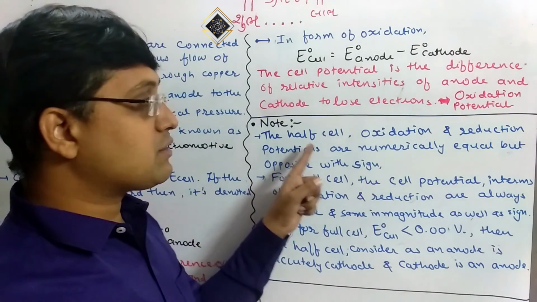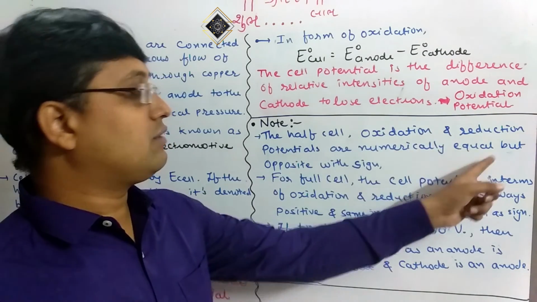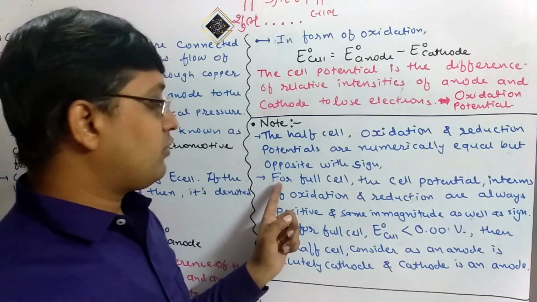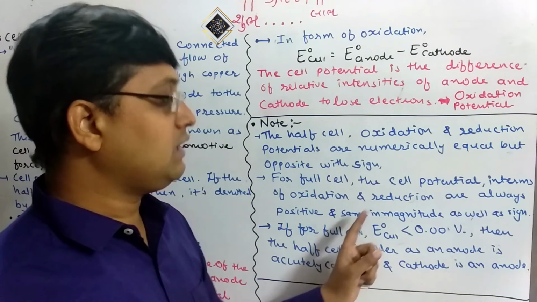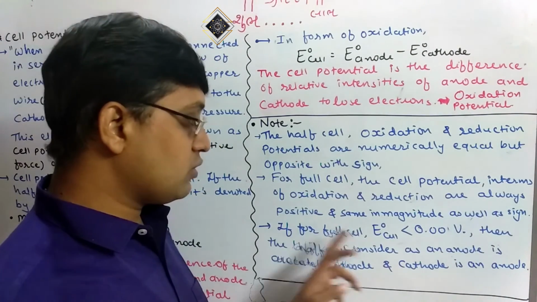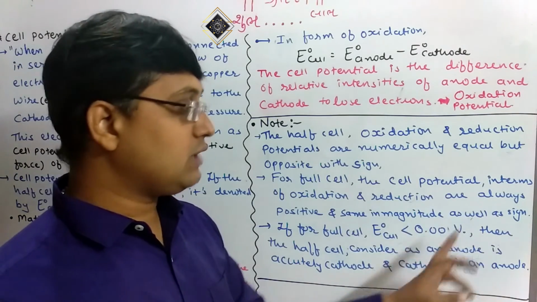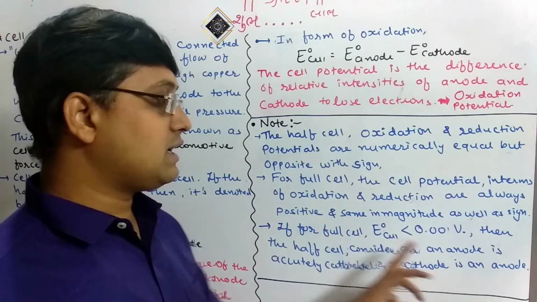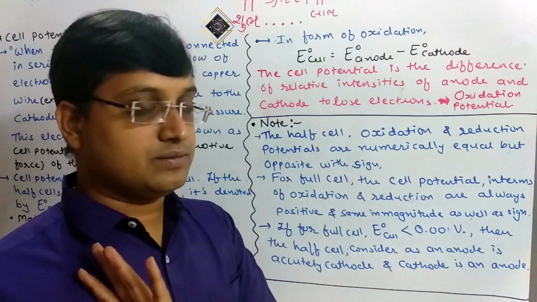Once again, for the half cell, oxidation and reduction potentials are numerically equal but opposite in sign. For the full cell, the cell potential is positive and the same in magnitude as well as in sign. If for the full cell E0 cell is less than 0 volt, that means negative, then the half cell considered as anode is actually cathode and cathode is actually anode.